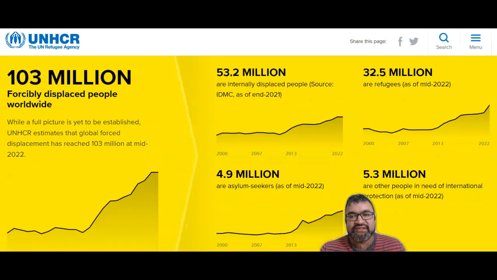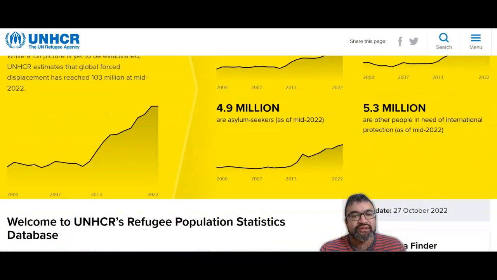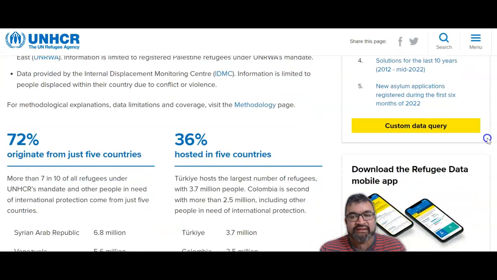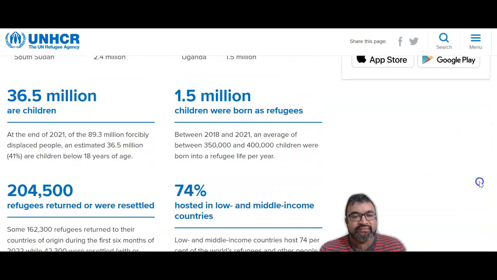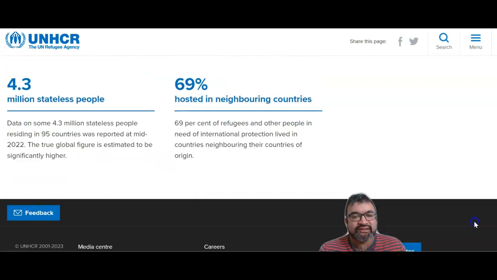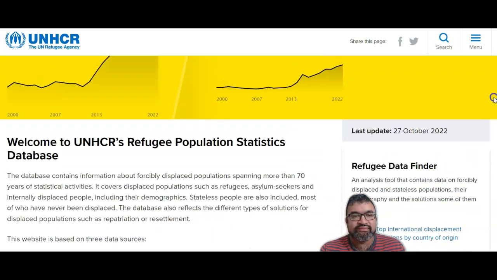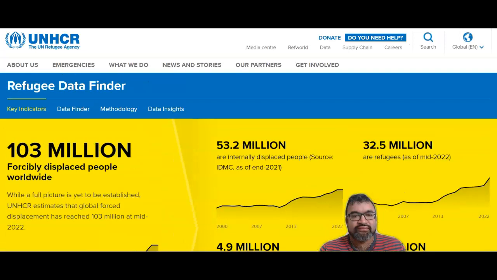I think these are some good statistics to be going through. And then go into the database, and here's some statistics down here. And then you go into Data Finder. That's one of the most important ones.